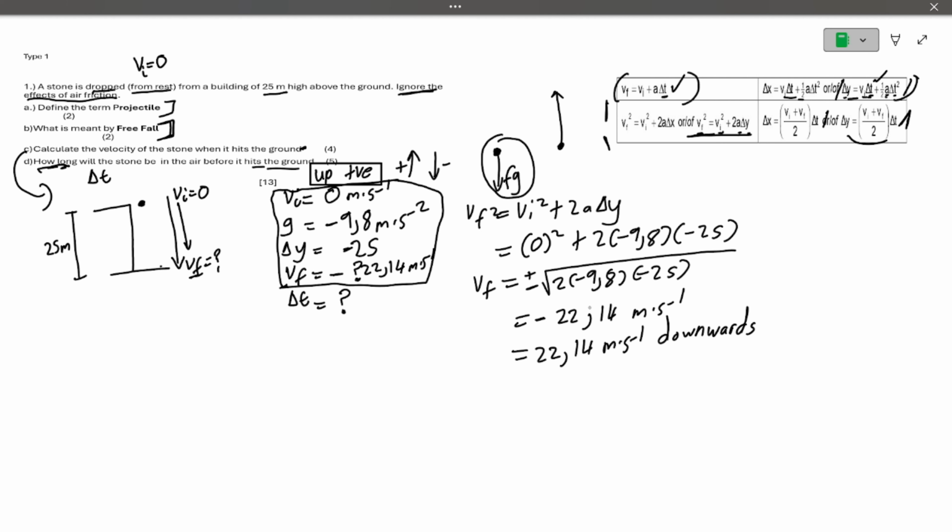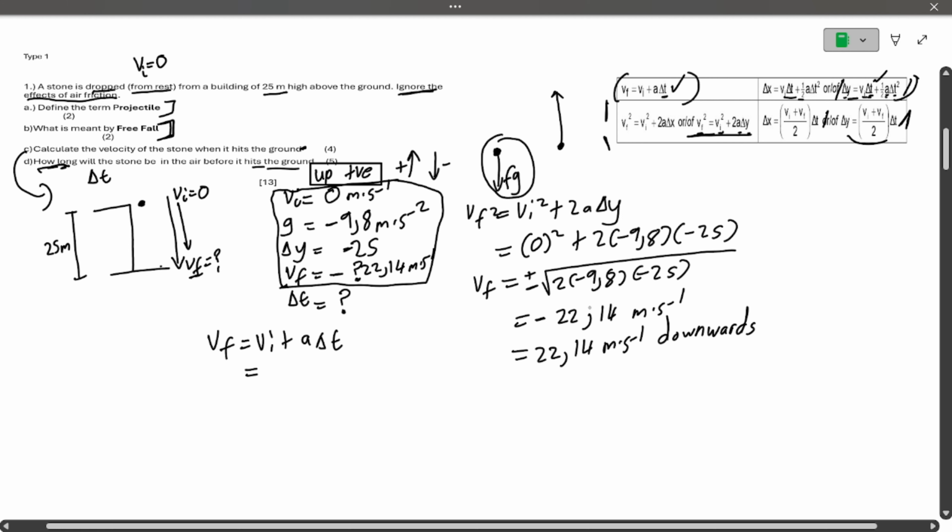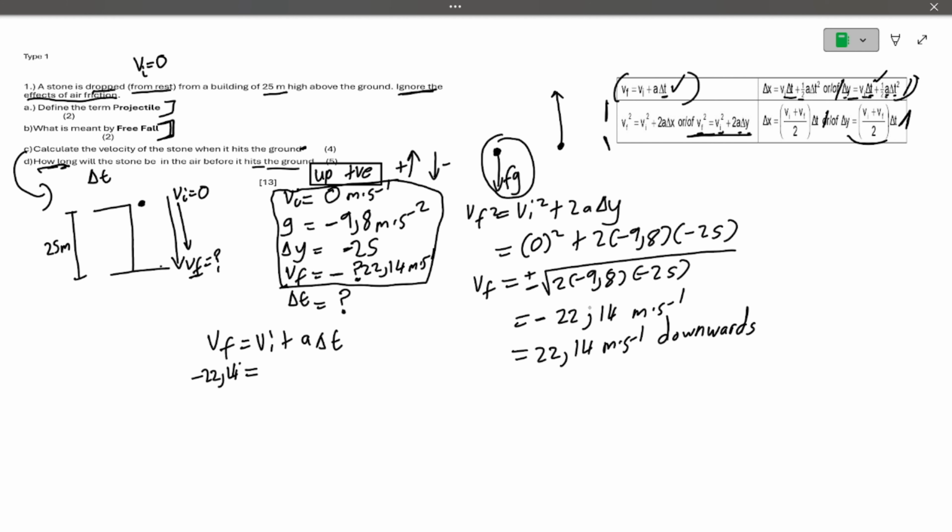So let's take our formula and plug in what we know: V final equals V initial plus A change in time. V final is negative 22.14. Don't forget to put in the negative 22.14, because it is the velocity when it hits the ground.